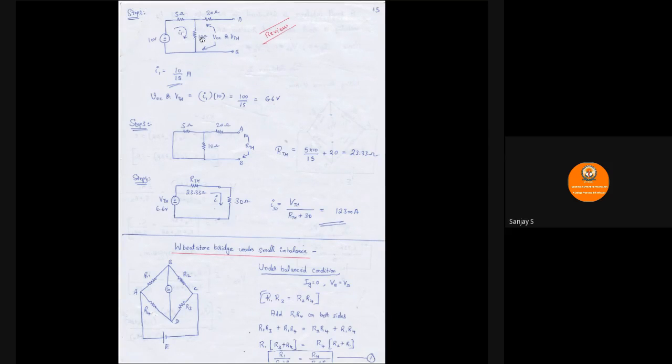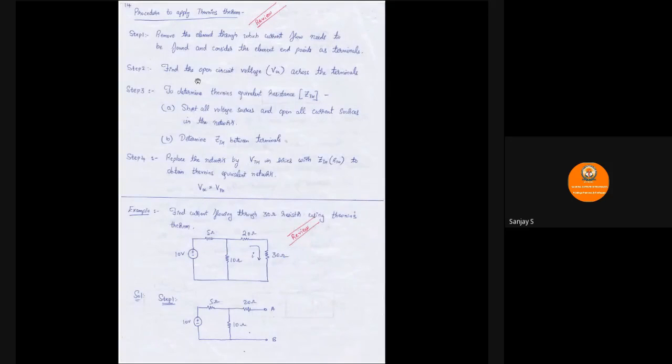So I1 multiplied by 10 will give me the open circuit voltage VOC or VTH, which is I1 into 10. 10 by 15 multiplied by 10, which is 100 divided by 15, which is equal to 6.6 volts. This finishes step 2. In step 2, we have found the open circuit voltage across the terminals.